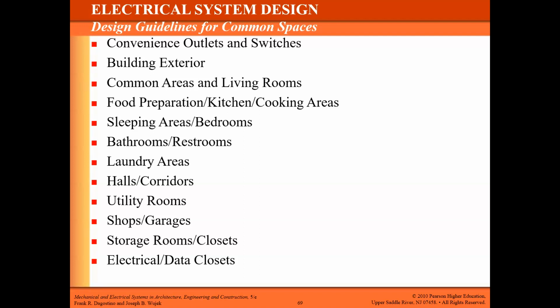That's not to say that each one of these spaces is going to require its own circuit, both for outlets and/or lighting. There are a lot of cases where a single space does require dedicated outlets. One of them is a kitchen, and you're going to need probably at least 2 dedicated outlets for the receptacles in there. Another one is a laundry room.